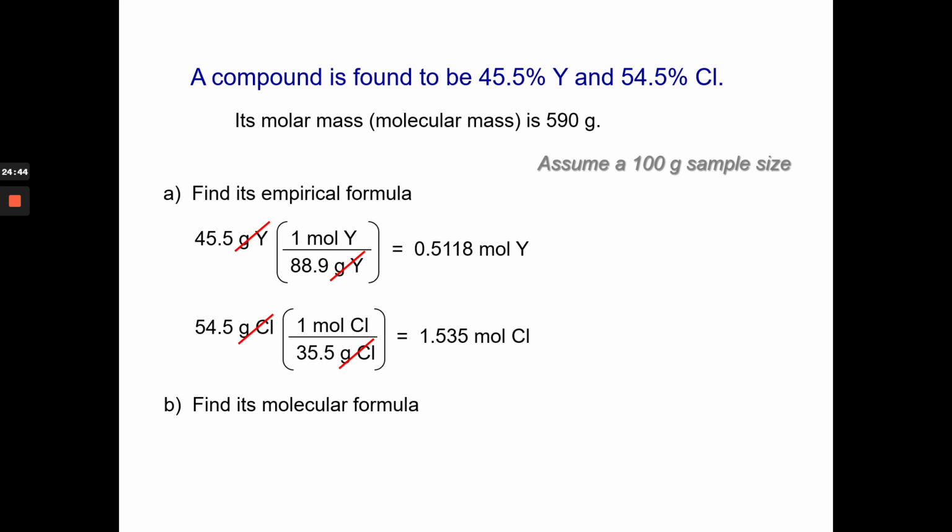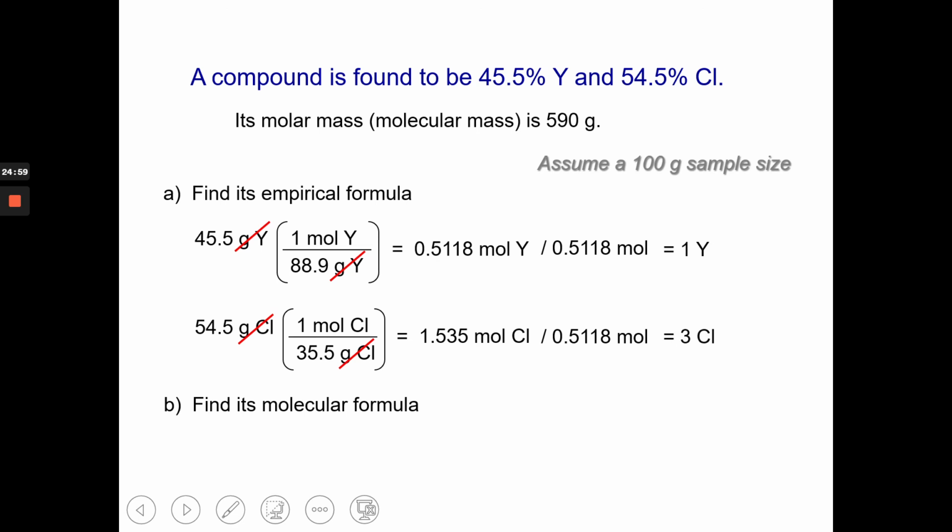Step 3 said divide both of those moles by the smaller number. Well, the smaller number is 0.5118 moles. That gives me 1 Y and 3 Cl. Now, putting that together, that is the empirical formula, YCl3.